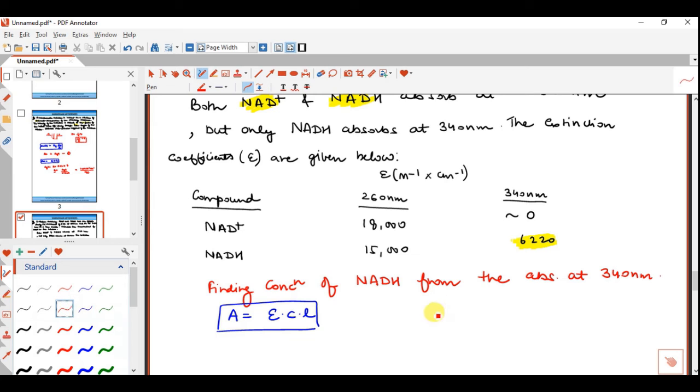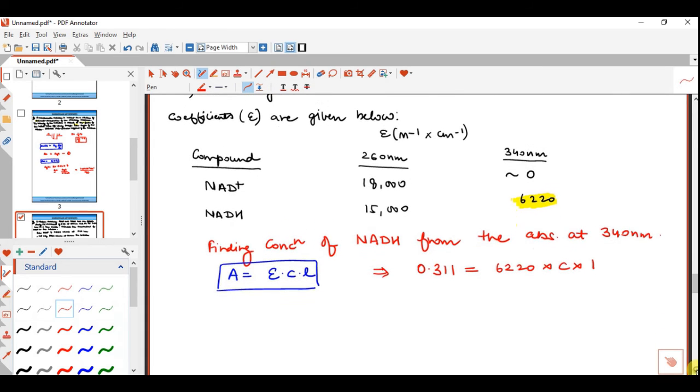So the absorbance that has been given to you is equal to 0.311. This was the absorbance, and epsilon, you know, is 6220, into the concentration we want to find out, and length also we have been given, that is equal to 1 centimeter.